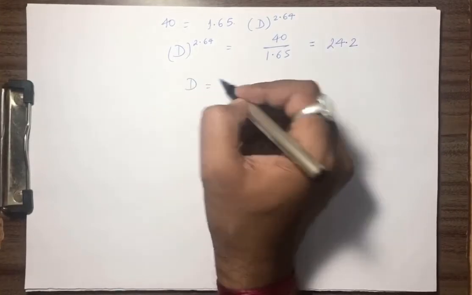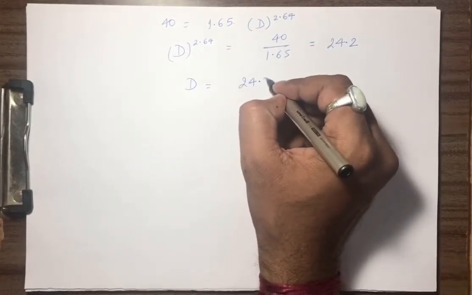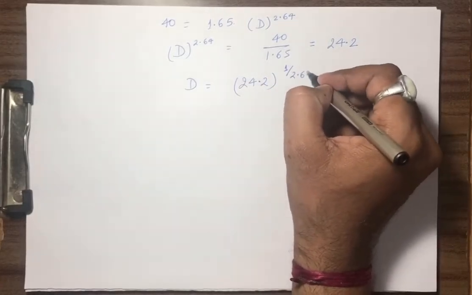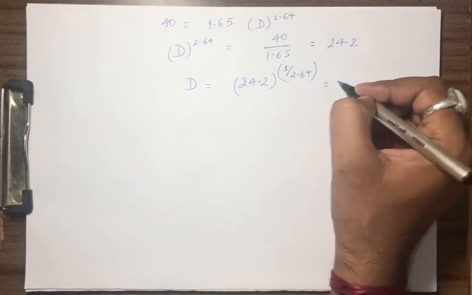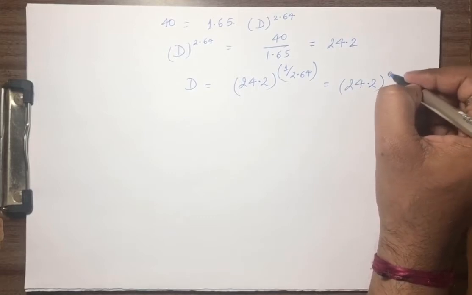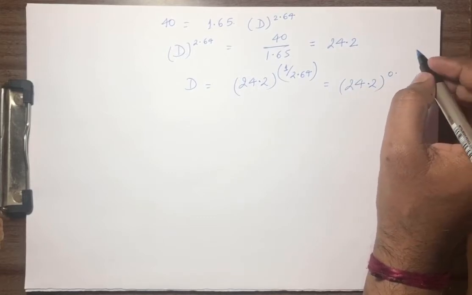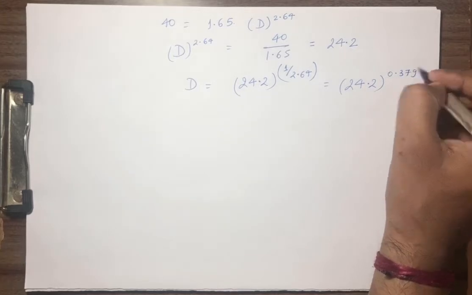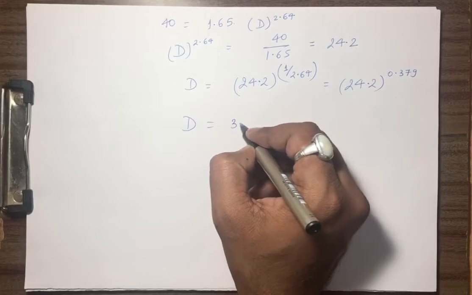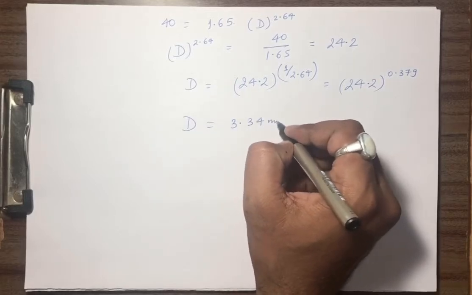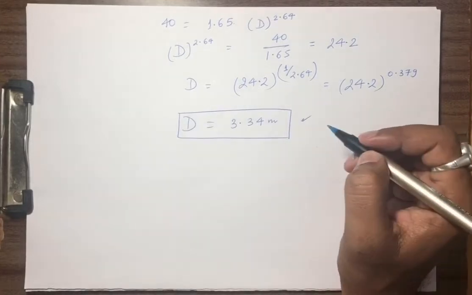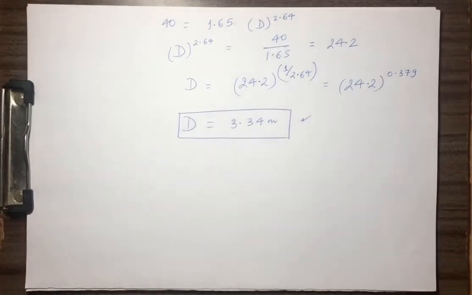So D will be 24.2 raised to power 1 divided by 2.64, and this is 3.34. So depth is 3.34 meters. Okay, I think this is clear.